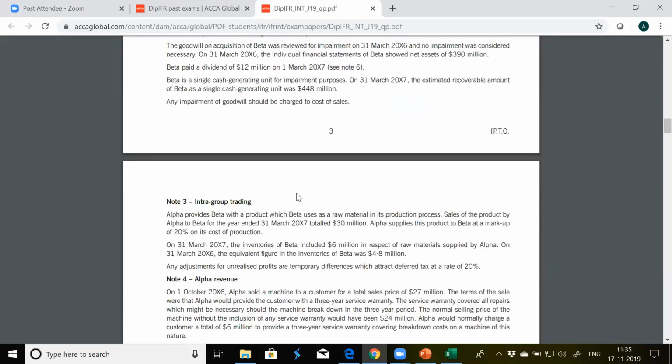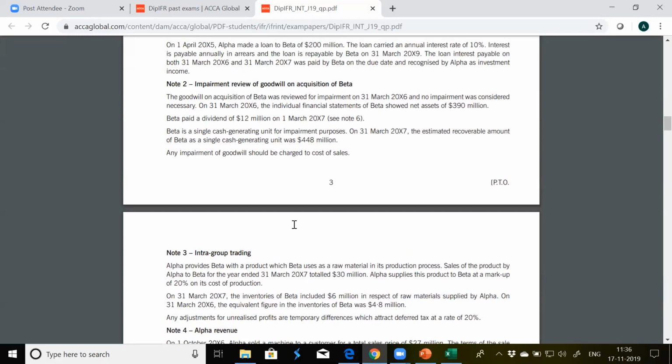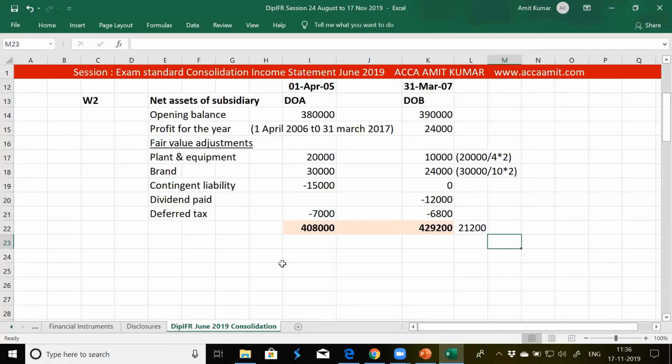Alpha provides beta. So this is an adjustment to be done in working note number 5, but no adjustment to be done in working note number 2 here. If beta would have sold to alpha, then we would have made some adjustment here as well. So when we discuss NCI's valuation, we'll discuss about it. So this is the balance on date of acquisition. This is the balance on date of balance sheet.